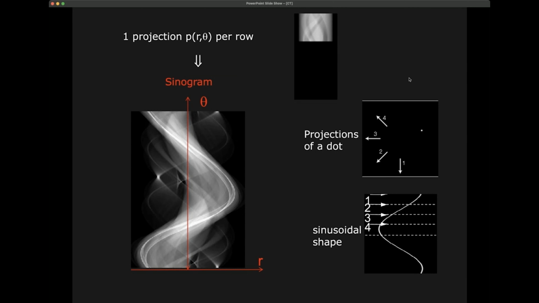If we have the X-ray source, in this case, on top, and the detector on the bottom, and this point is located a little bit to the right, not in the middle, then that projection, if we look at the detector, will be 0 everywhere where we go through air, and will be high at the moment that the X-ray passes through this dot.